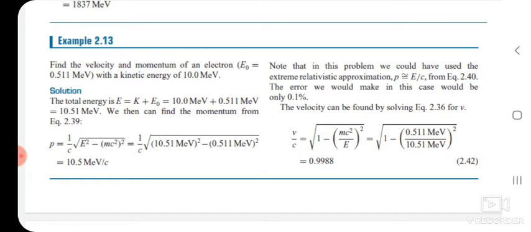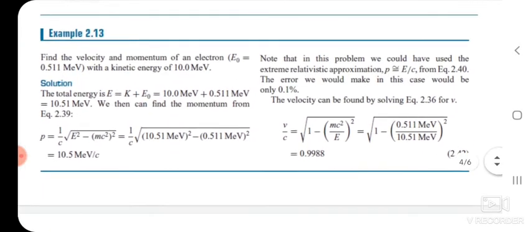We know the rest mass energy, and we know the total energy. If we substitute, you will get v equal to 0.9988 times the velocity of light.